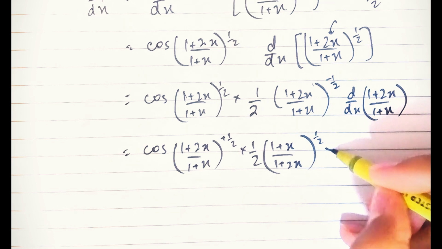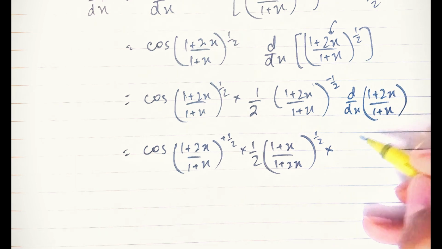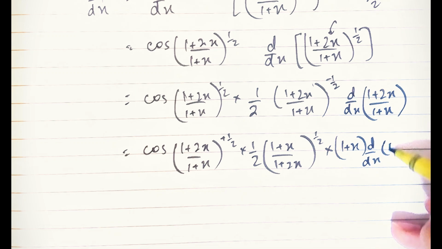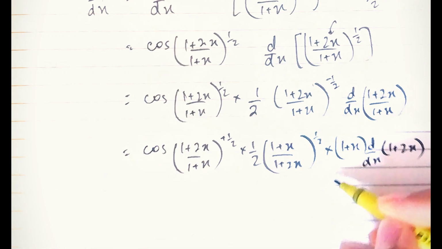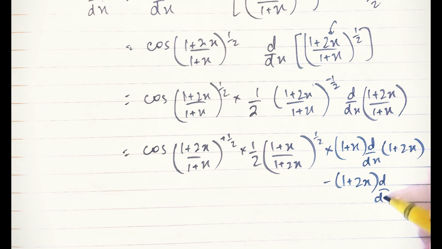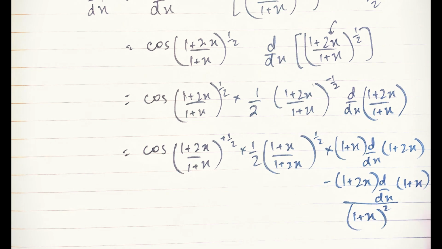We can use the division formula for finding the differentials. So the second function as it is times the derivative of the first function, minus the first function as it is times the derivative of the second function, divided by the square of the second function. Now this is my first function, which is f(x), and this is my second function, which is g(x).